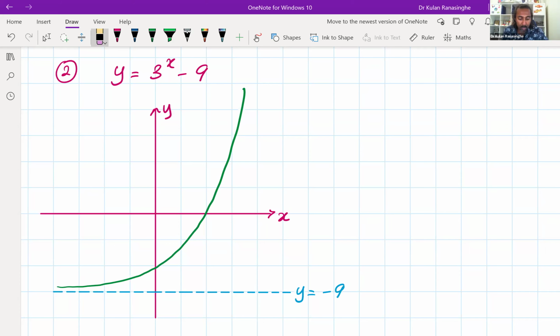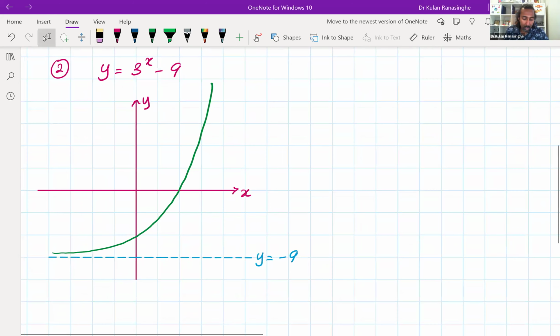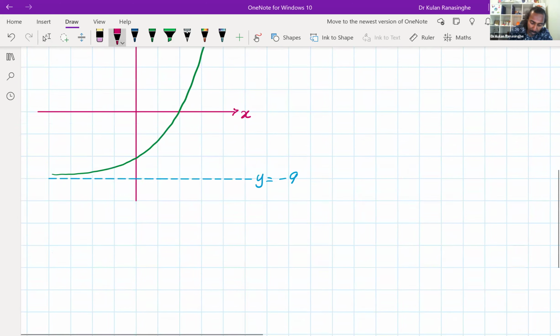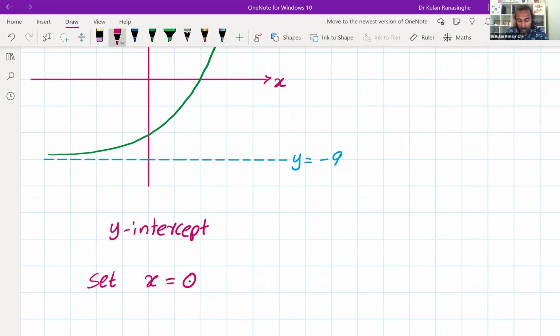Right. Now, I'm going to look at the x and y-intercepts. X, if any. Y-intercept, well, let's work on that. Y-intercept, set x to 0 and figure it out.